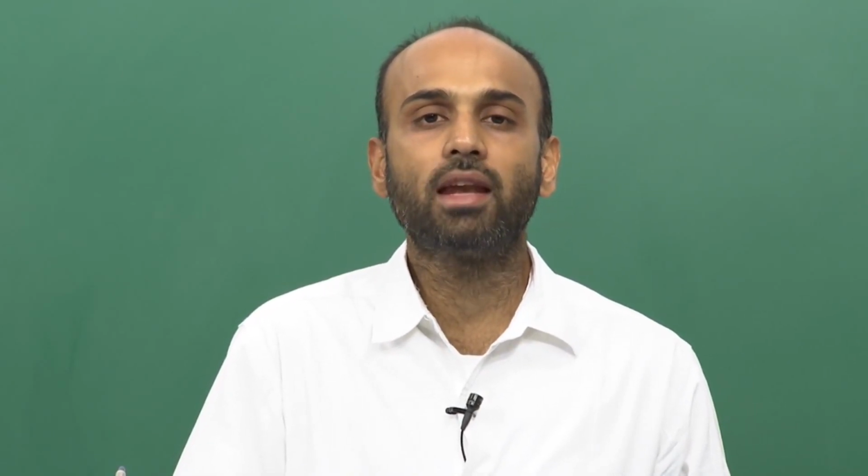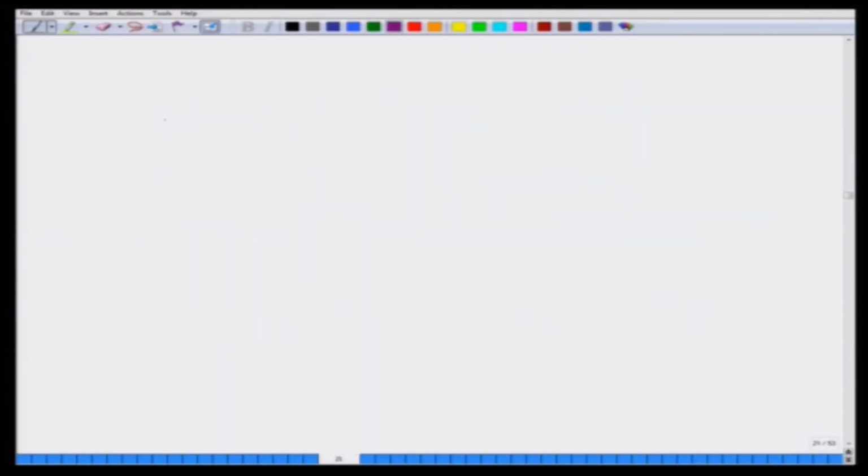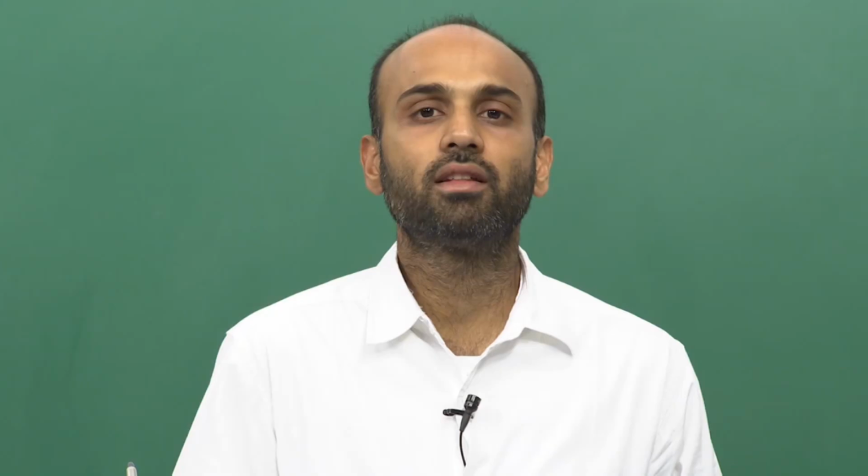The length of the code n is equal to the spreading factor in this spread spectrum CDMA system.